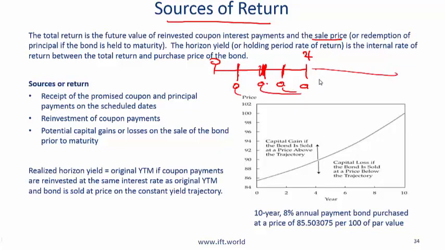Even if the bond has a longer maturity, but if you sell over here, then over here you have the coupon payments and the price from selling the bond. So that is being called the total return.